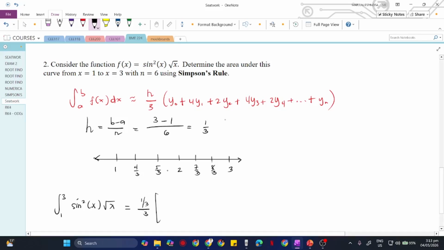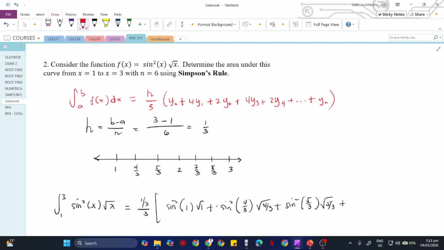And then, we have here y sub 0, that is sine squared of 1, square root of 1, plus sine squared of 4/3, square root of 4 over 3, plus sine squared of 5 over 3, then square root of 5 over 3, plus, meron pa tayong 4 dito, tama. 4, ito 2, then 4.